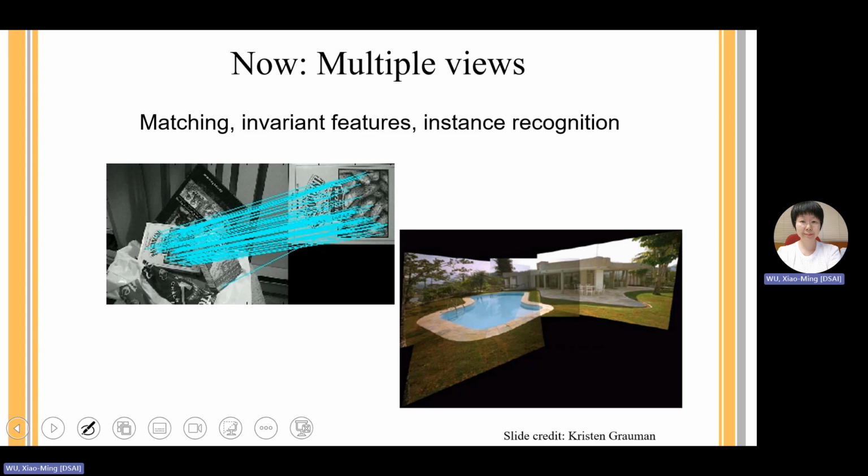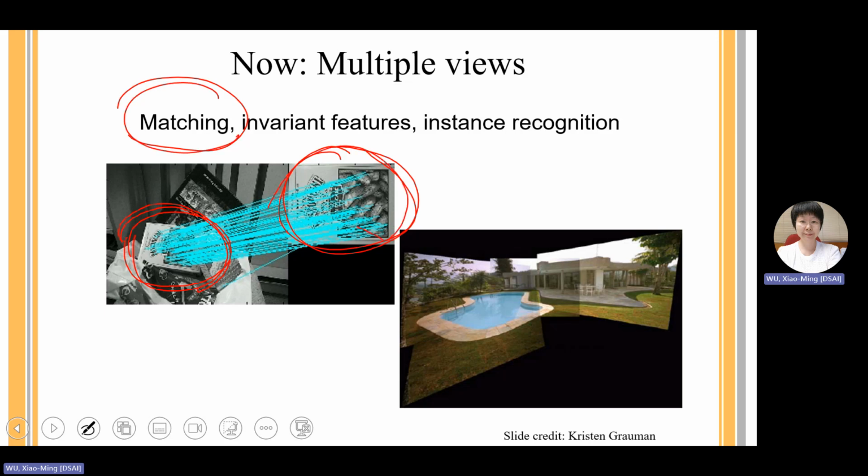Now we are dealing with multiple images, and we want to be able to do matching. We want to be able to match this object with this object because they are the same object. We want to establish the correspondence between this object and this object.